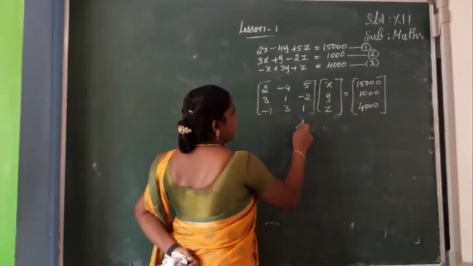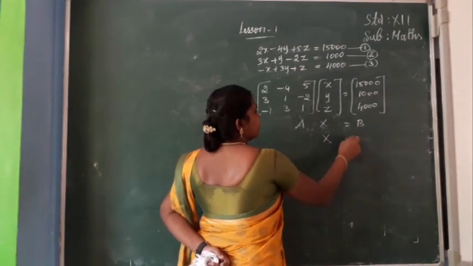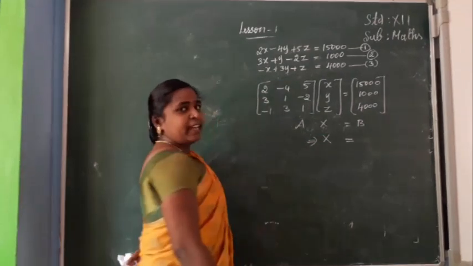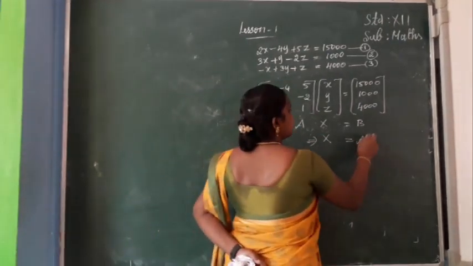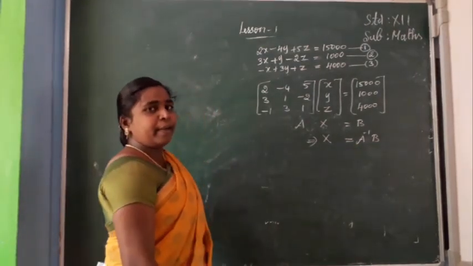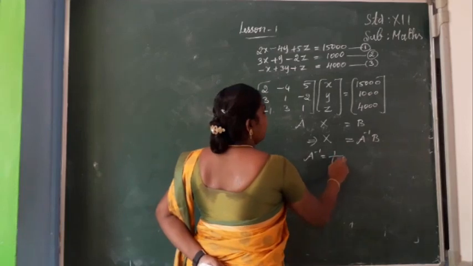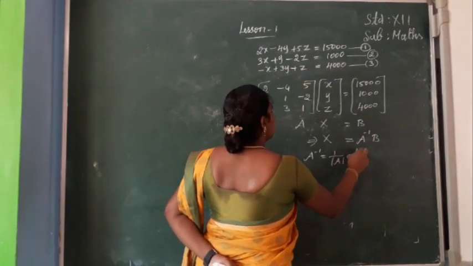That is AX equal to B. Next we need X, so X equal to A inverse B. You know the formula: A inverse equal to 1 by determinant A into adjoint A.